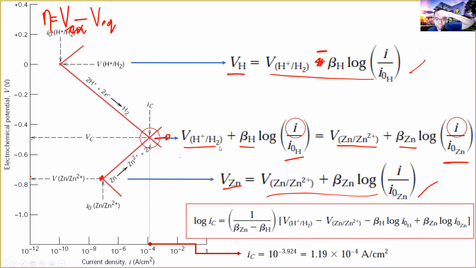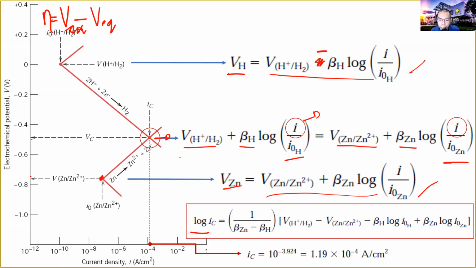Then we input our equations. So to get log IC, ang ginawa niya is in-isolate niya lang yung I. Kinombine niya yung equation to isolate I here. Then solving for the equation, we get that IC is equal to 10 to the negative 3.924. It's equal to 1.19 times 10 to the negative 4 amps per cm squared.